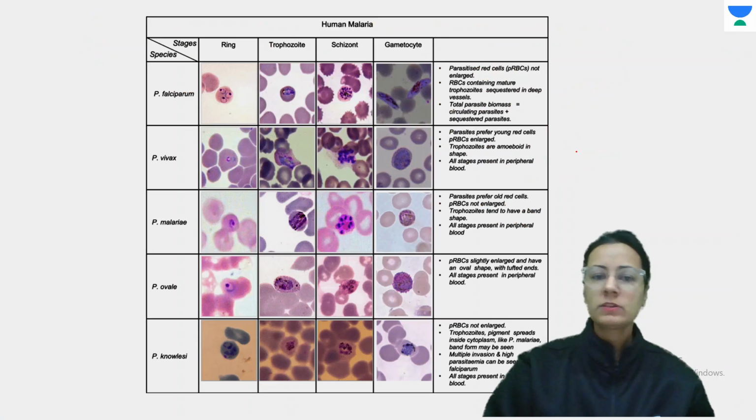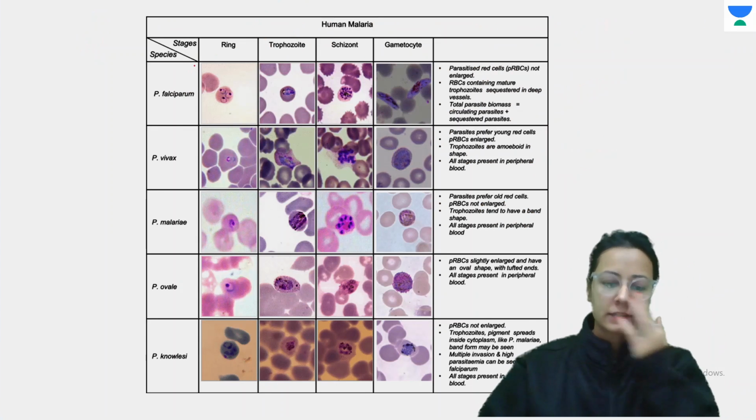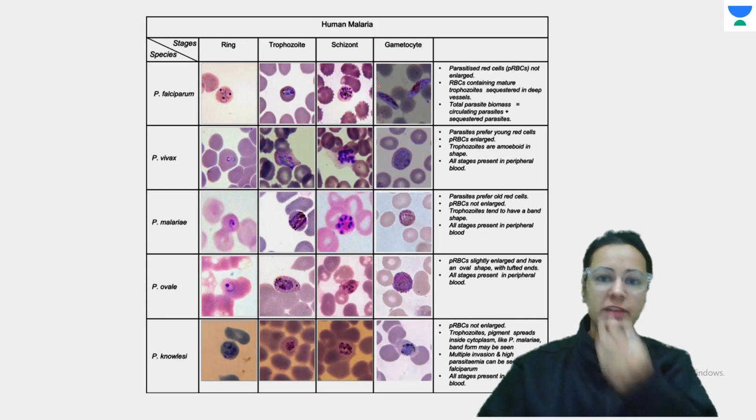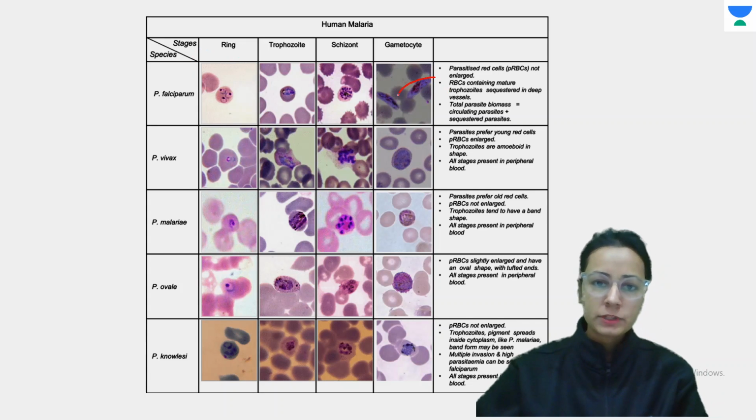Now let's see what we have discussed. First, Plasmodium falciparum. If you can see, this is the gametocyte, and this is the crescent or banana shape in case of Plasmodium falciparum.